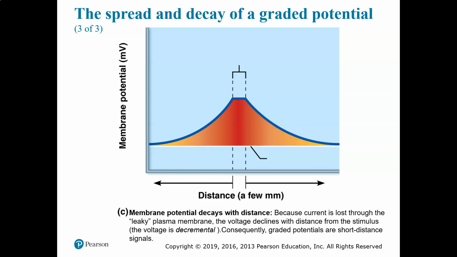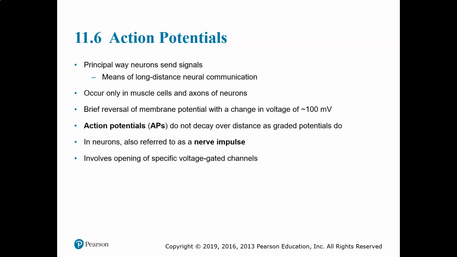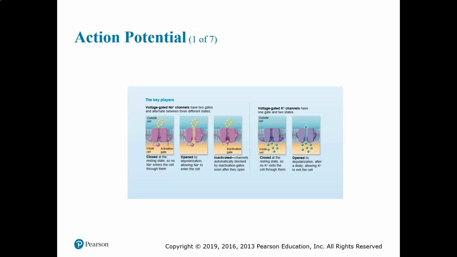Now an action potential is also referred to as a nerve impulse. This is a long distance potential. The key players are voltage gated sodium channels and voltage gated potassium channels.